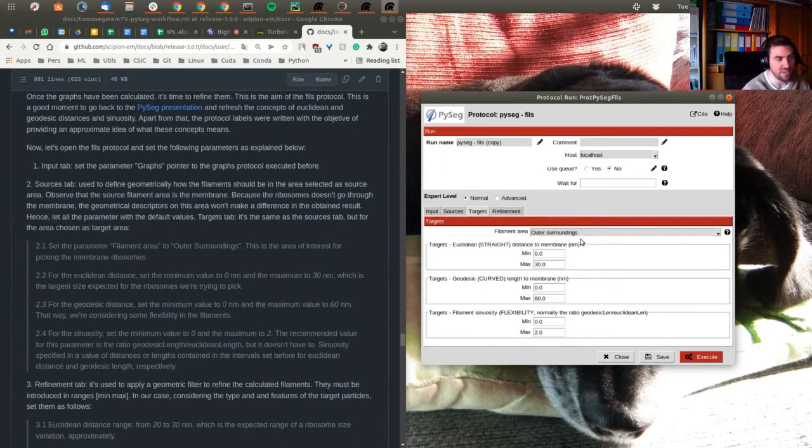So we are working with two metrics of length and one metric which could be considered as a measurement of the flexibility.